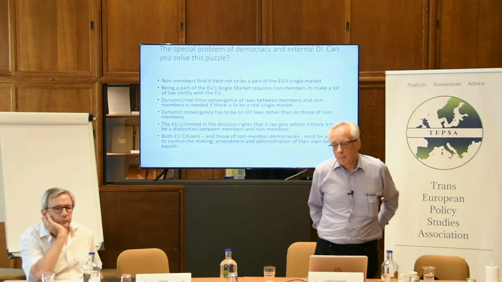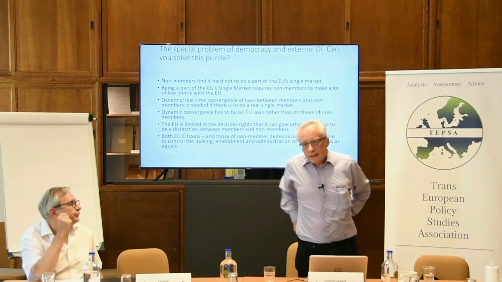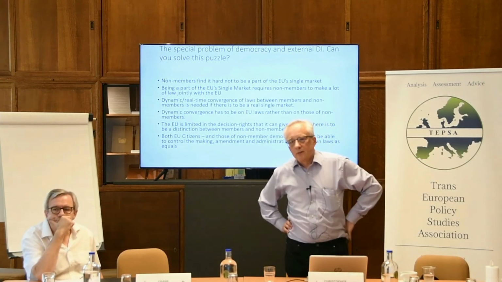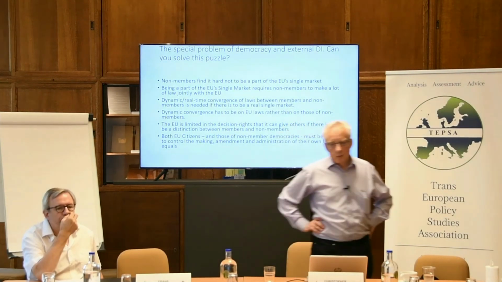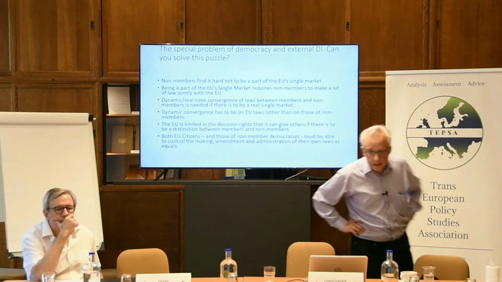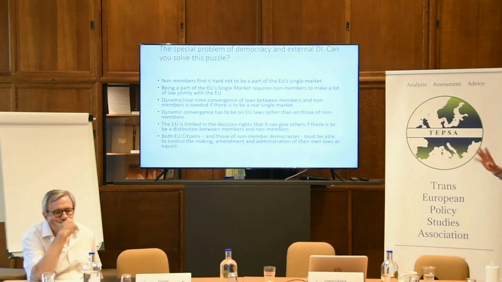Third problem. Dynamic or real-time convergence of laws between members and non-members is needed to create a real single market. So, you need a whole lot of laws to create a single market, and those laws have to be aligned with one another in real time.